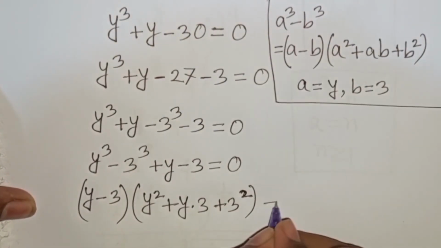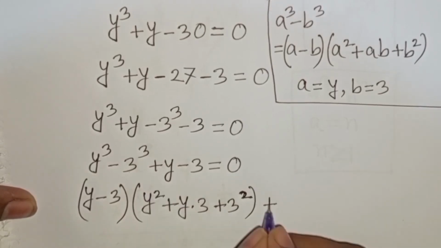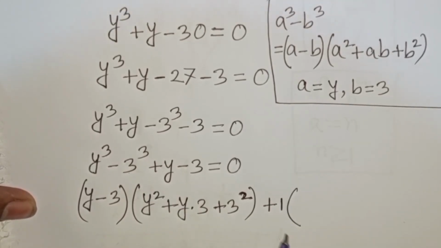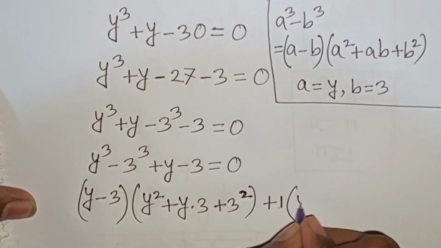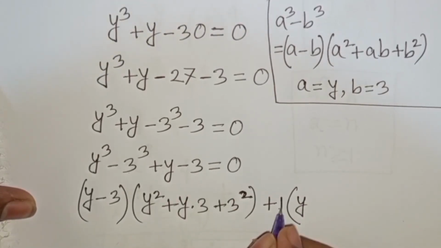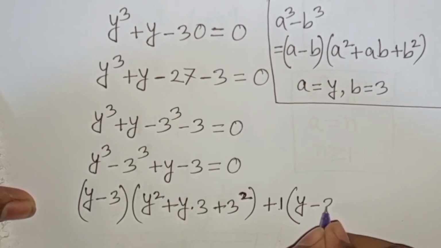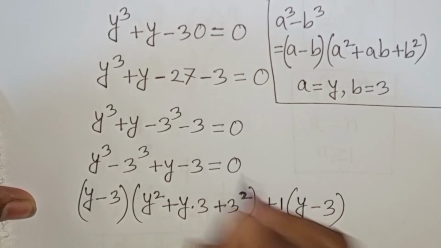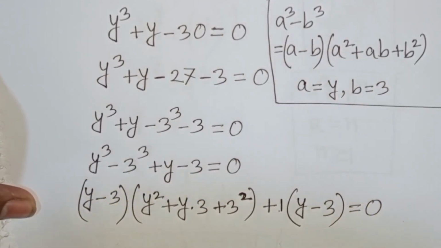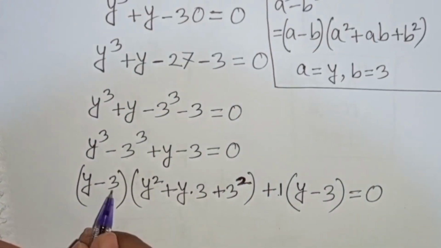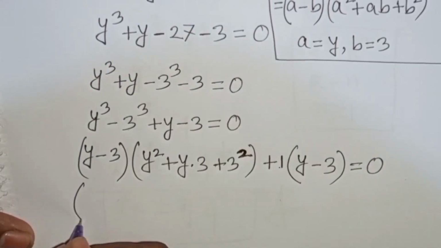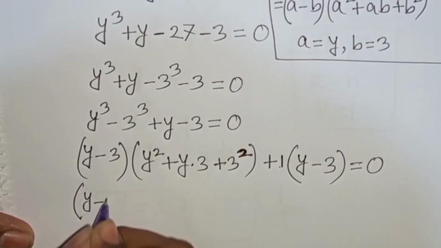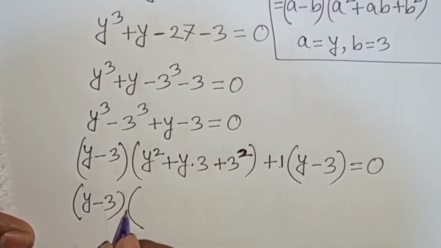Then plus, here we take common, plus 1 is common, so plus 1 is out of the bracket. So this divided by this, that means it will be y minus 3 divided by plus 1, that means it will be minus 3, then bracket close is equal to 0. Now we see y minus 3 is common, so take common y minus 3, so bracket y minus 3 is out of this bracket.